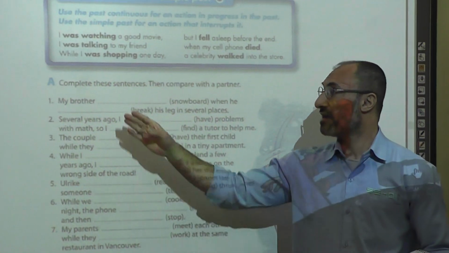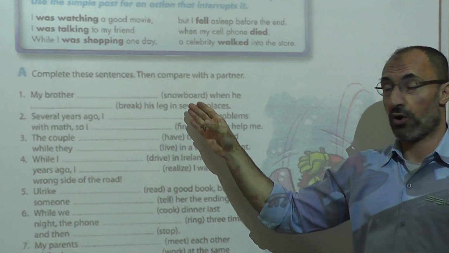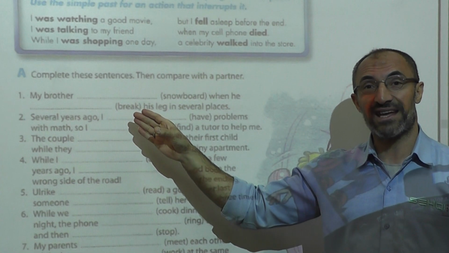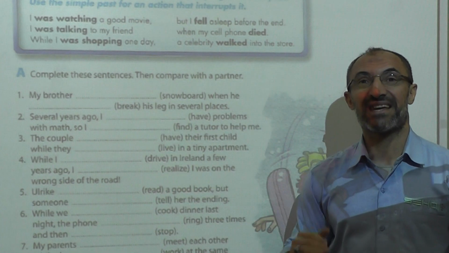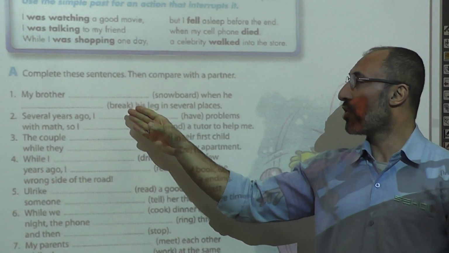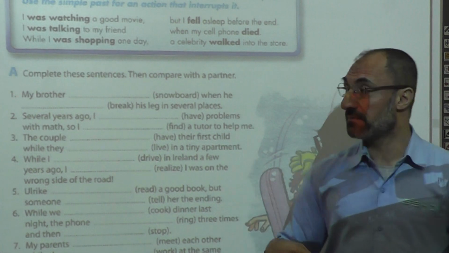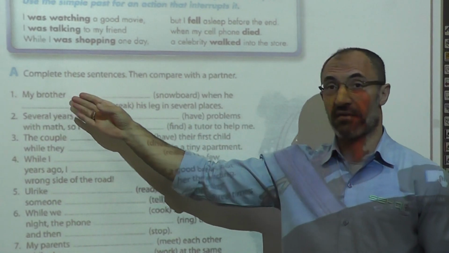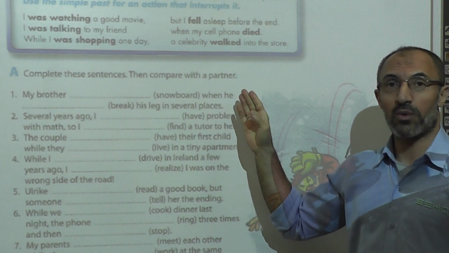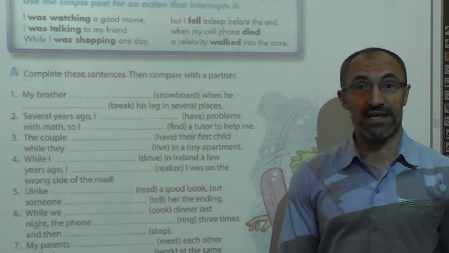Again, my brother was snowboarding when he, yes, the past of break is broke. It's an irregular verb. So, when he broke his leg in several places. My example again: my brother was snowboarding when what? When he broke his leg in several places.